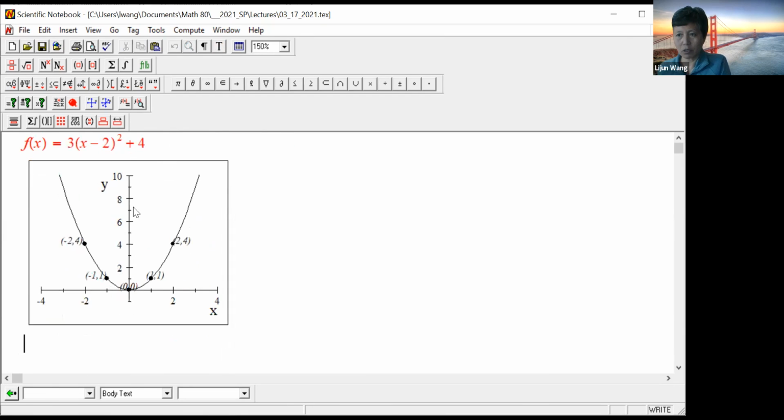To get this picture from that, the first thing we do is go from x squared to, following the order of operation, from here to here. So the sequence of movements.